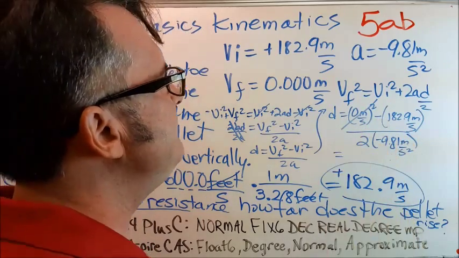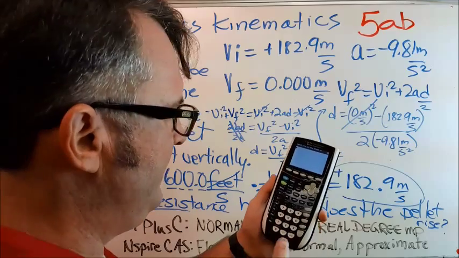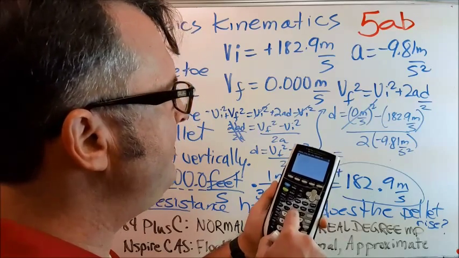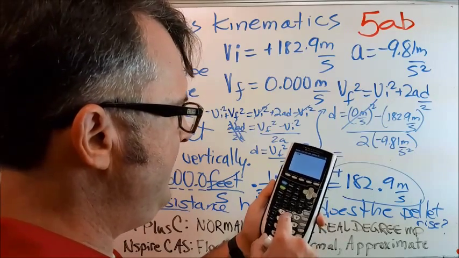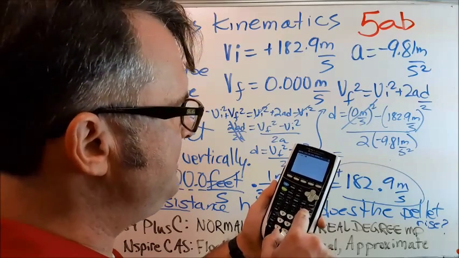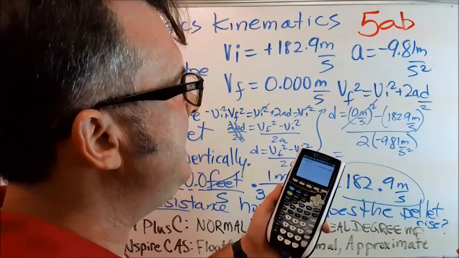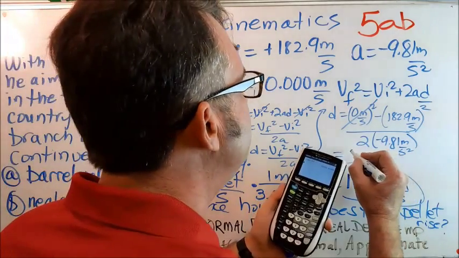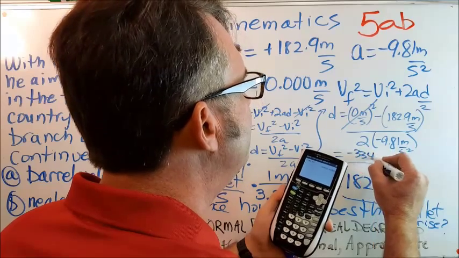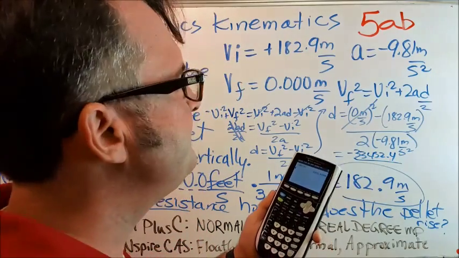To get this negative in front, we're going to say negative, open parentheses, 182.9, close the parentheses, hit x squared, hit enter, and we get negative 33,452.4. That's roughly what we get.